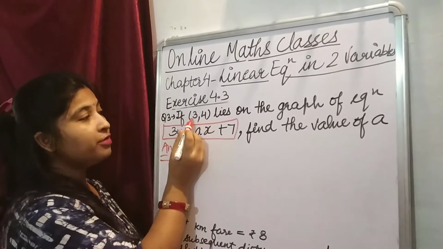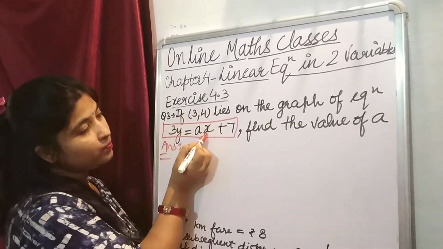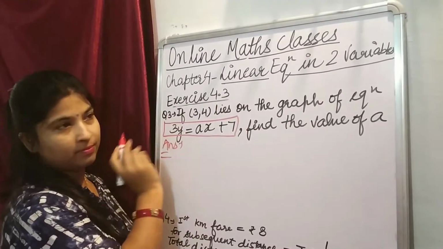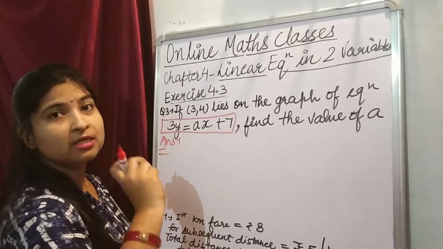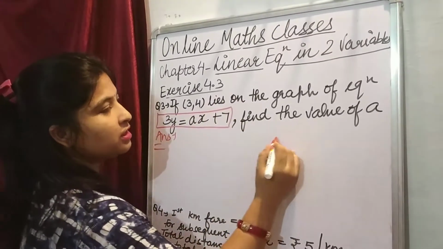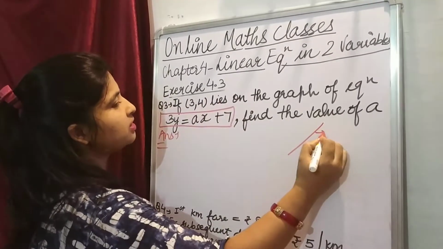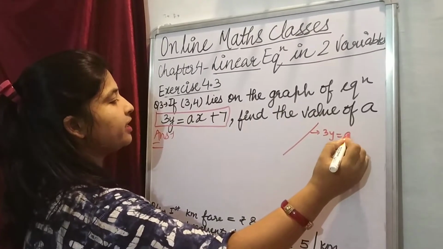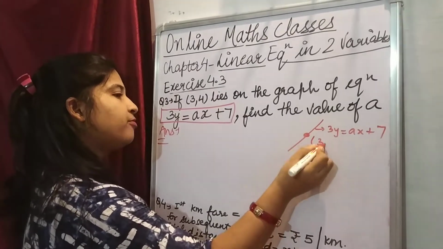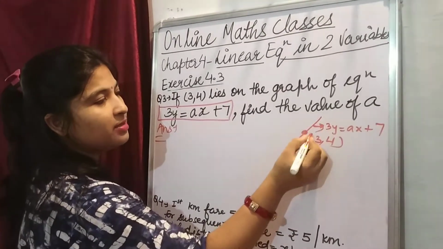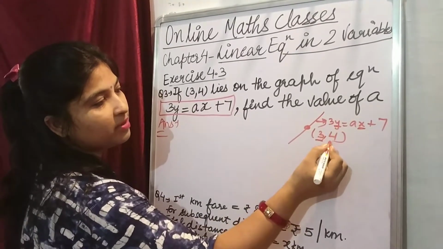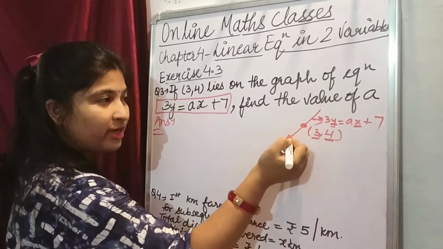The value of x I can put as 3 and 4 as the value of y, because the first one is x and the second one is y. It is saying that this point (3, 4) is lying on this graph. That means the value of x will be 3 and the value of y will be 4 over here. Then only it will lie on this.